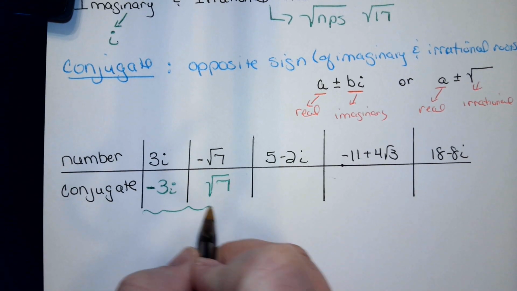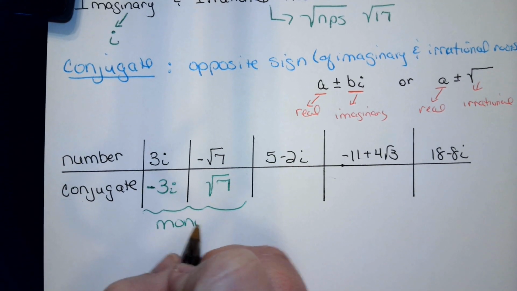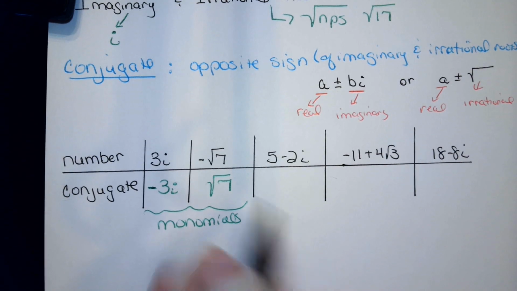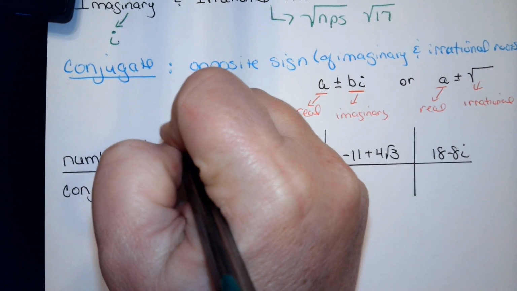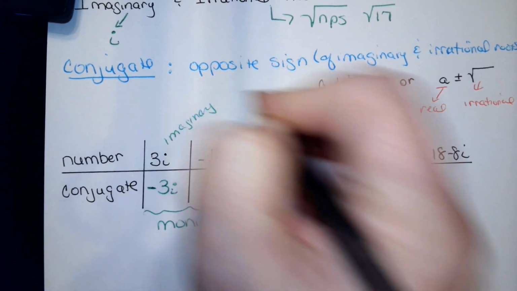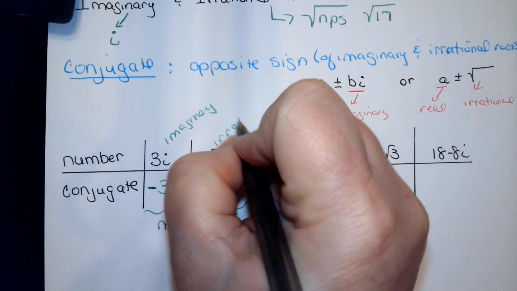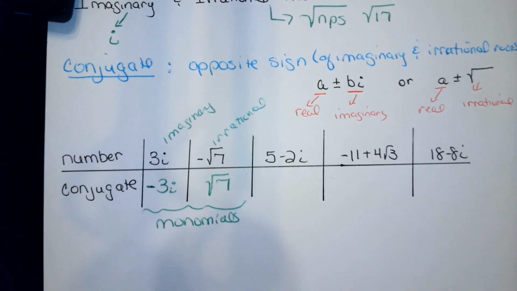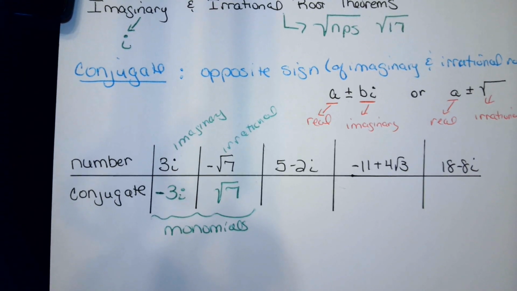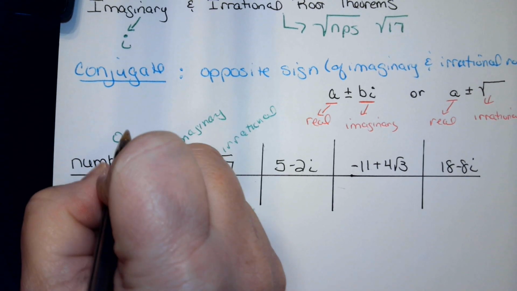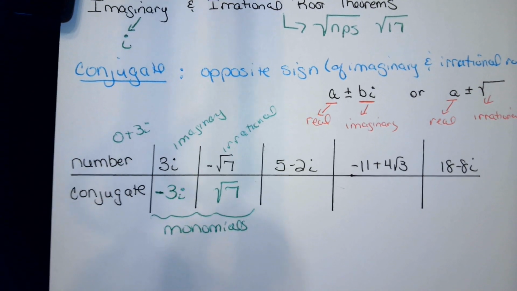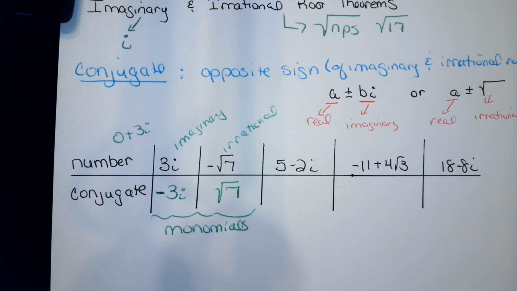Now notice both of these are monomials. We either have the imaginary part or we have the irrational part. We do not see the real part. The real part is understood to be 0. That's the same thing as 0 plus 3i. But 0 plus 3i is still 3i, so that's why we don't write it as 0 plus 3i.